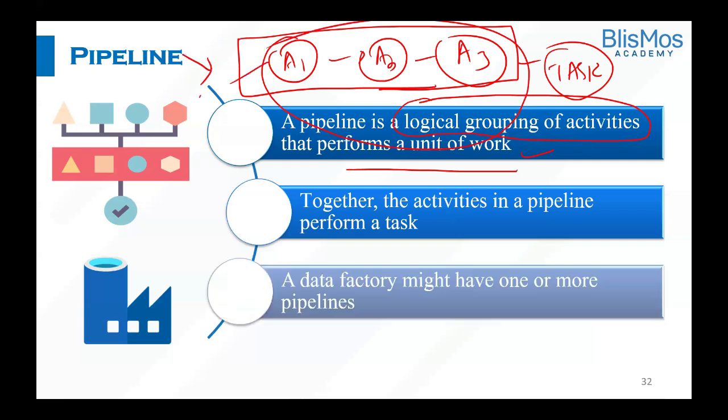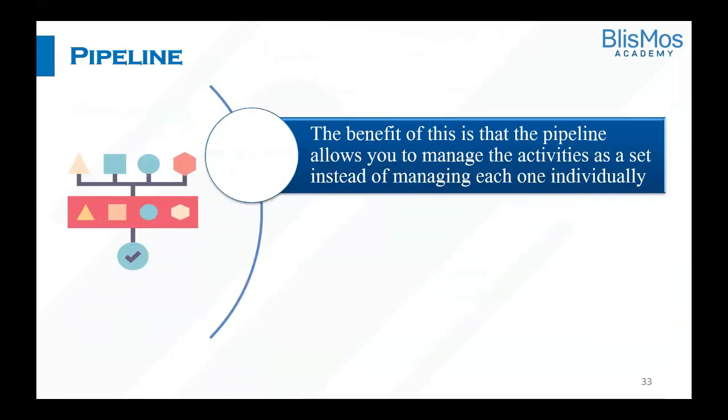When we talk about a project in any big organization where data factory is used, it may have multiple pipelines in their project. Why do we really need to have a pipeline? The reason is, if you don't have a sequence of activities stringed together to perform a unit of task, you have to write a code for each of the activity.